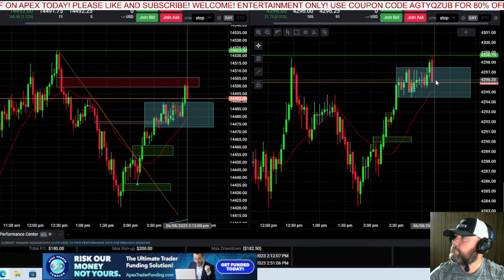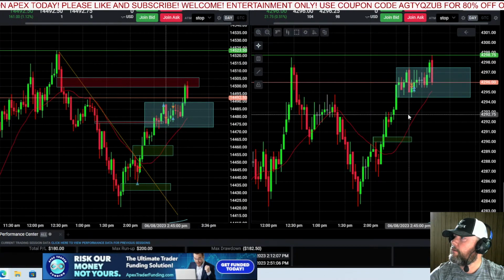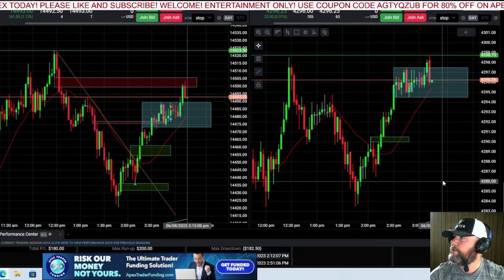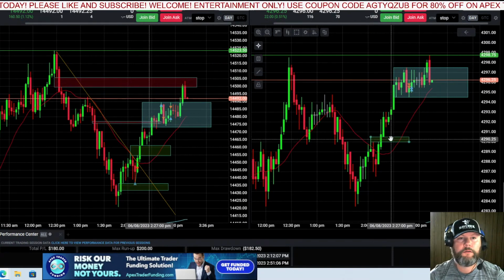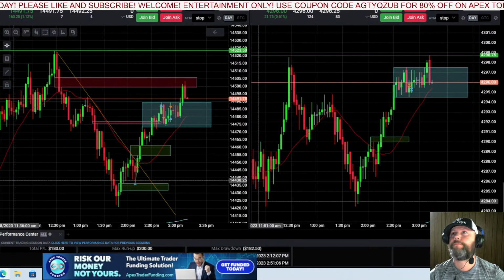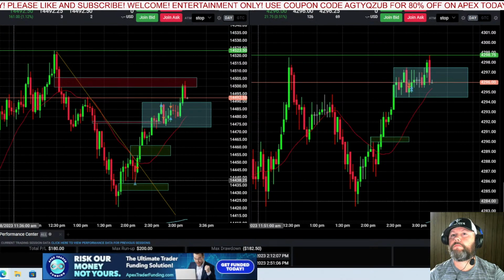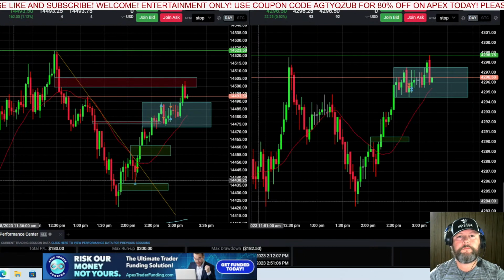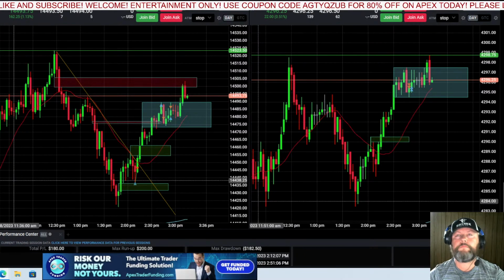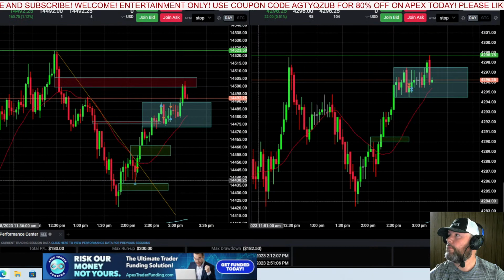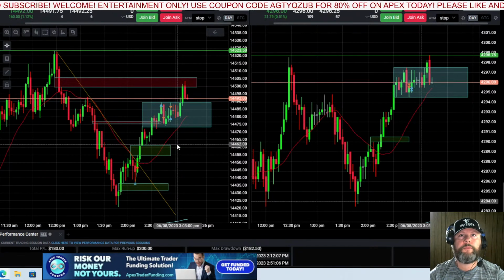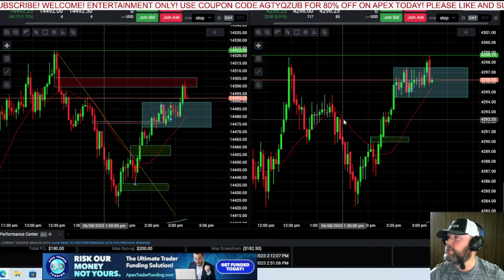Let's see how this ends up looking here. Possible push down below here, create a gap to the downside for maybe a move lower, potentially. See if we find some support here at that 96 level, or if we just push through there.